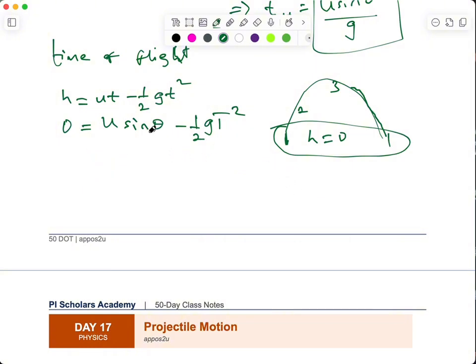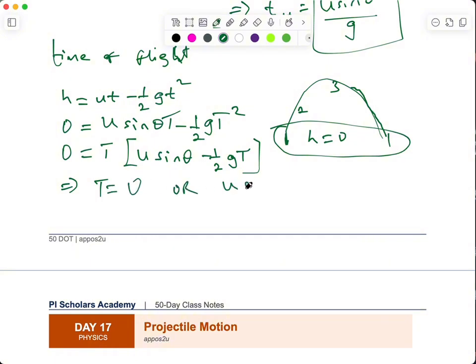So we have 0 equals u sine theta multiplied by t minus half gt squared. In this case, you still have t as the time of flight. So if you solve this now, t can be factorized out: t multiplied by u sine theta minus half gt. And if that is the case, that implies that t is either equal to 0 or u sine theta minus half gt equals 0.